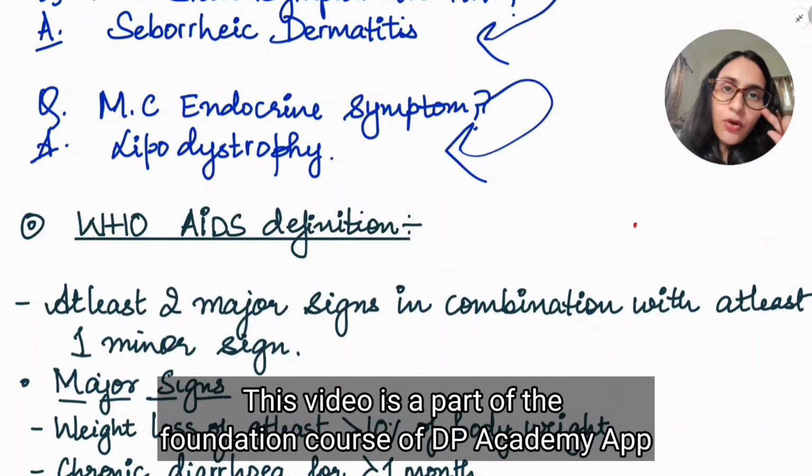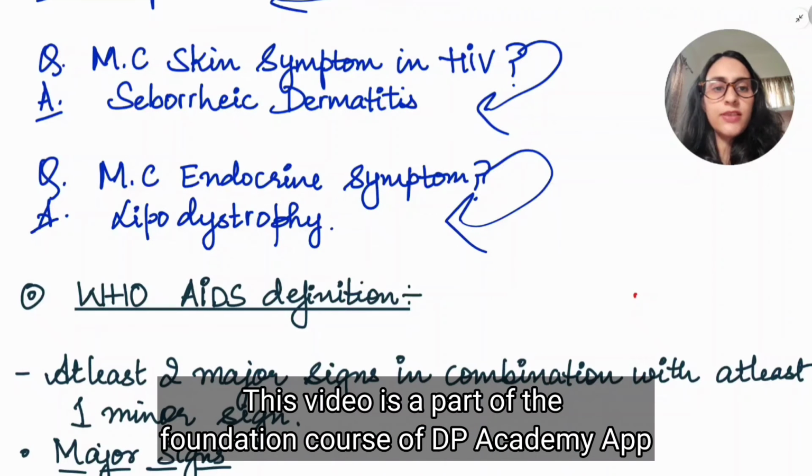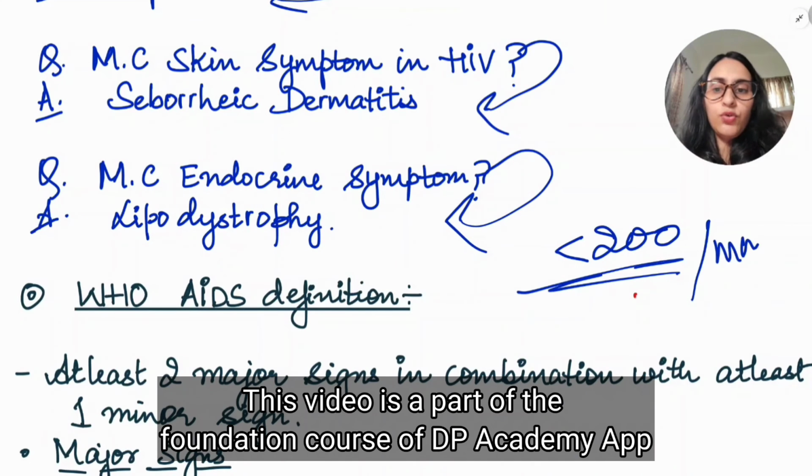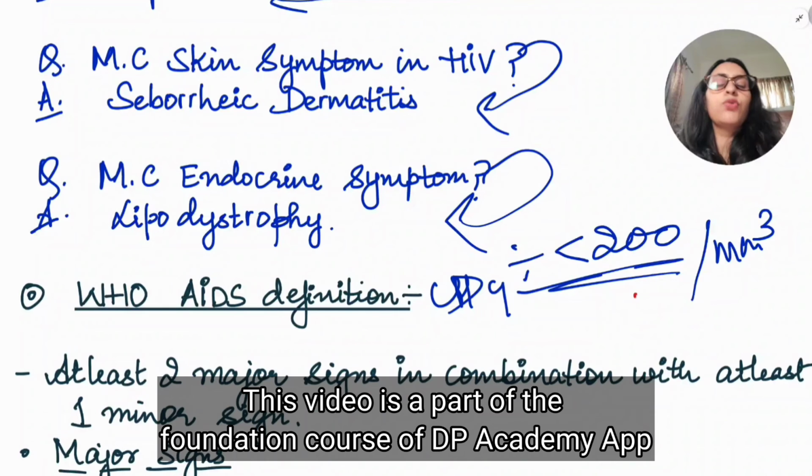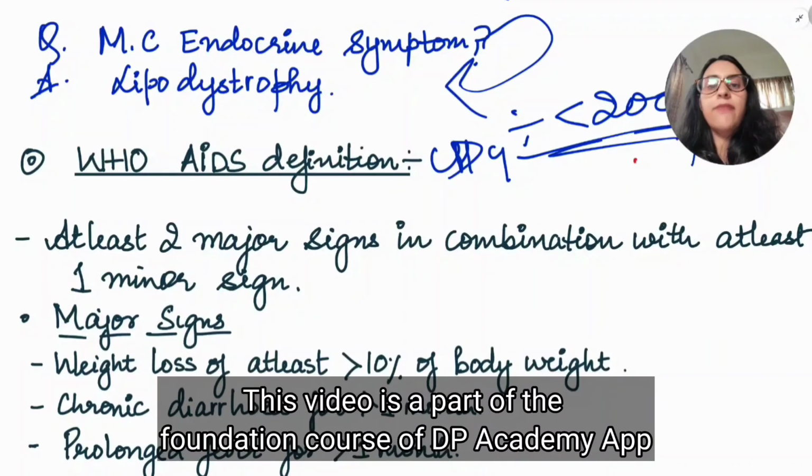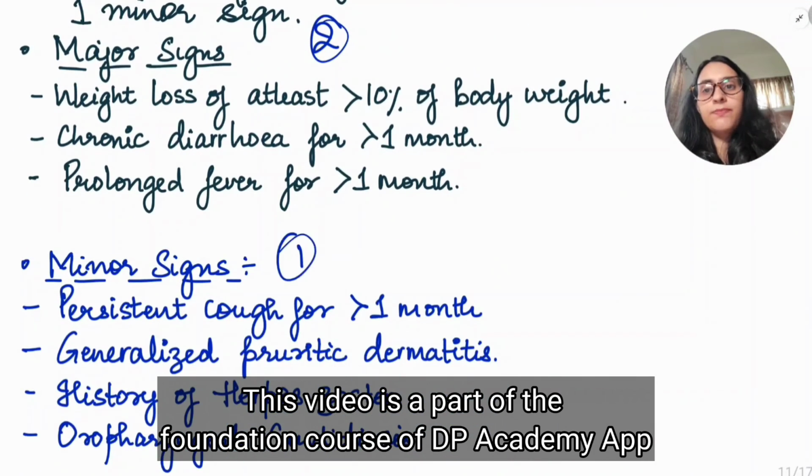Now according to the WHO definition, when do we say the person is having AIDS? You remember I told you the AIDS definition is when the CD4 count is less than 200 per cubic millimeter. If it is less than 200, we call that the person is having AIDS. But according to WHO, the definition is when you show 2 major symptoms and 1 minor symptom.